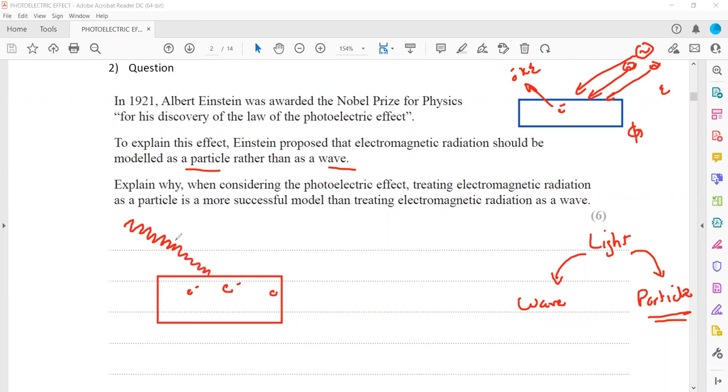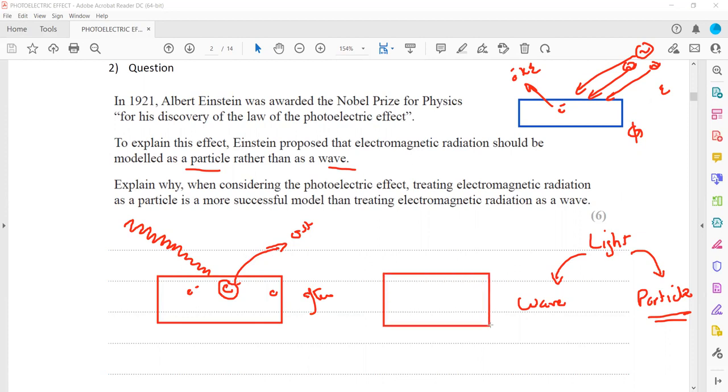Continuously the energy is coming to the metal surface. So a time should come when this electron absorbs energy, and after some time it will have a sufficient amount of energy and this electron should go out. But practically we don't find this. This does not happen. What happens practically?